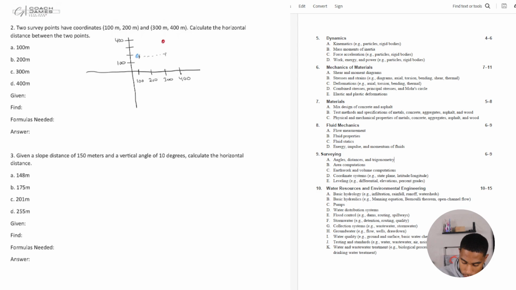Well, I'm not going to waste too much time. We're given some points. We're trying to find horizontal distance. Formulas you need, you got your X and Y coordinates. Just use your X values if you're trying to find horizontal. To get that, I would keep things very simple.